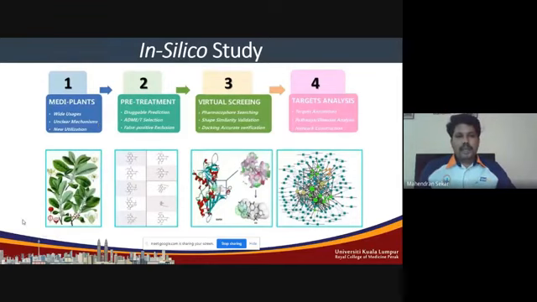For example, Curcuma longa, whose active constituent is curcumin. A lot of study has been done, so that comes under the first category.